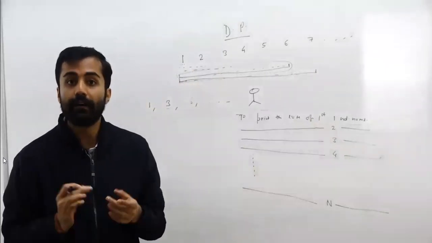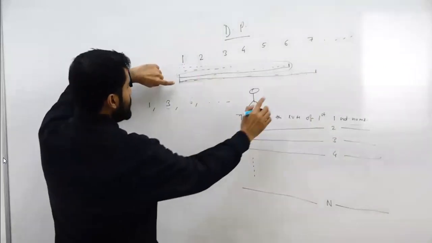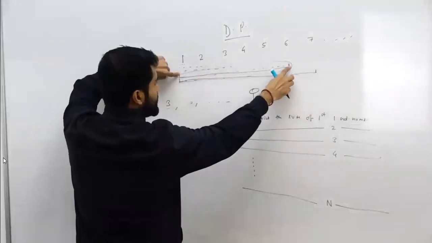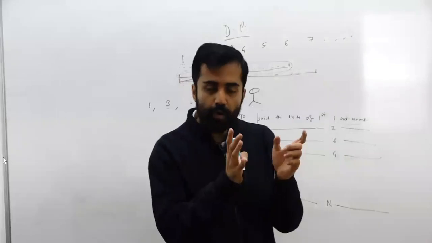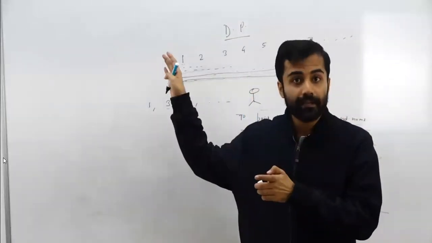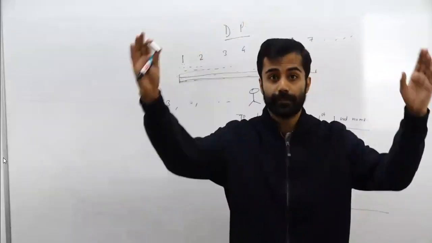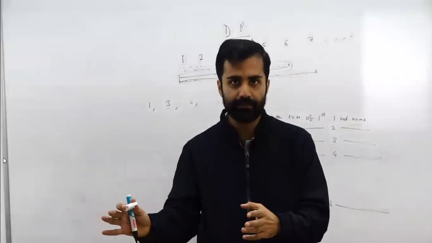It is not a wise thing to do. Now, moreover, you see that the solution of this much part is dependent upon the solution of this much part. And this is exactly what was the recurrence relation in recursion also. Like you said, traversal of a big tree is dependent upon the traversal of its left subtree and right subtree.